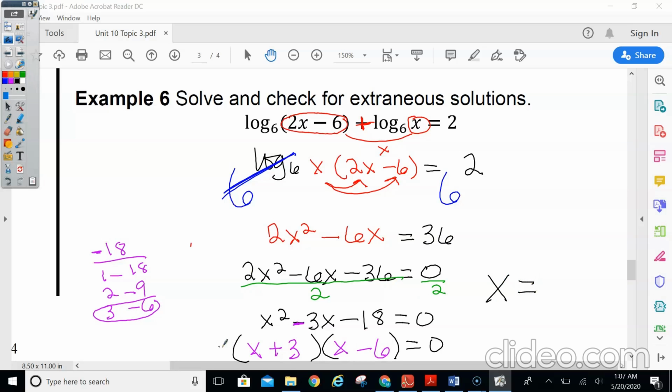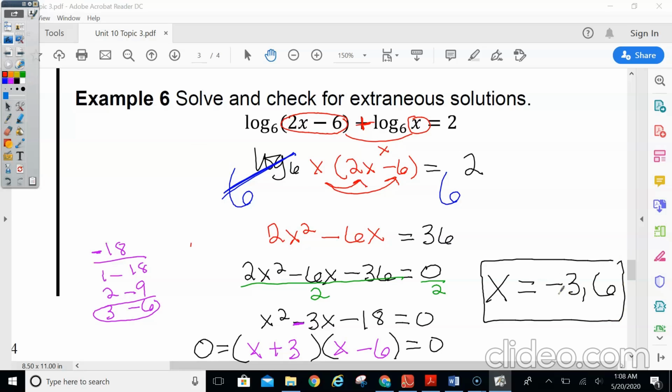So if I set each factor equal to 0, subtracting 3 on this side gives me negative 3. Adding 6 to this side gives me positive 6. So again, these are the possible ones, but I have to check them.